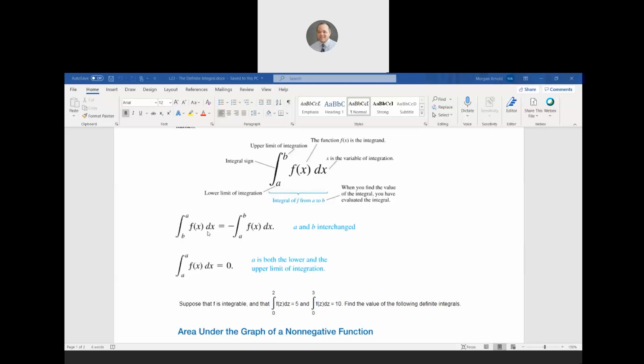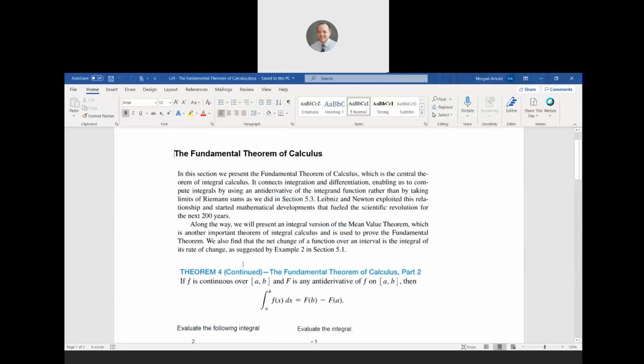With a definite integral, let me show you the main theorem that we will use to evaluate definite integrals. That rule is the Fundamental Theorem of Calculus, Part 2.